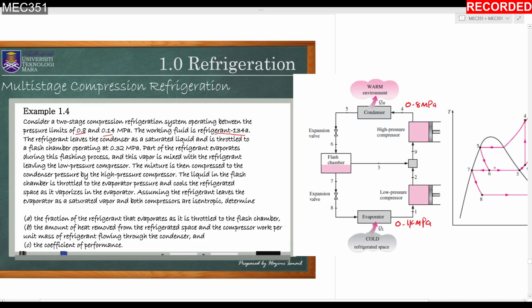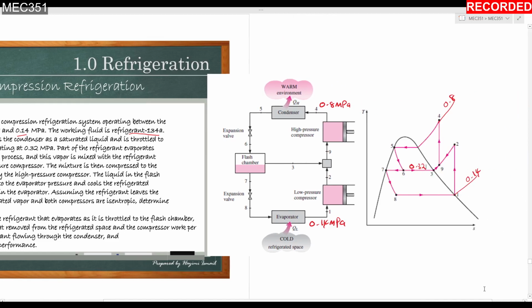So now we know this is 0.32 MPa, this pressure line.